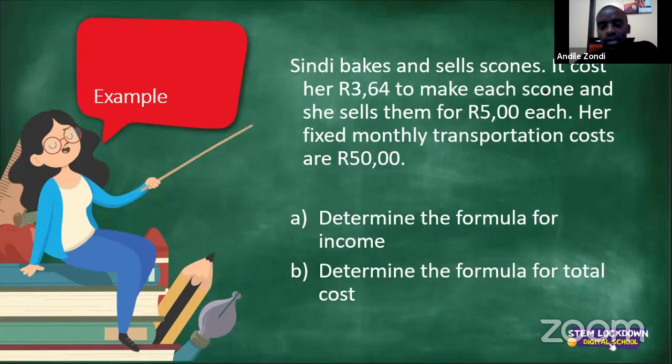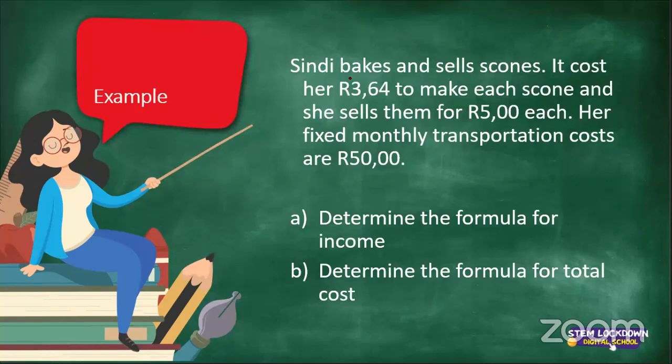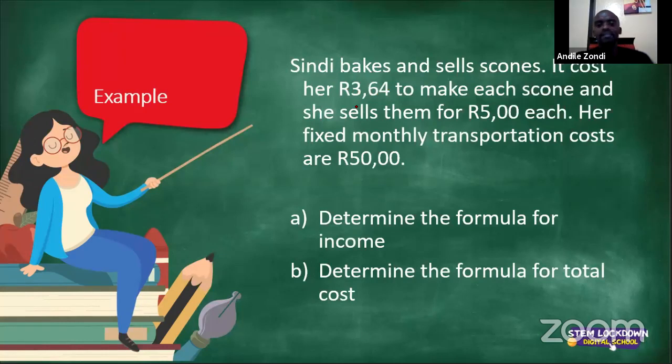I showed you how to calculate the cost price using all of your ingredients and dividing those costs by the number of scones produced by that recipe. To understand that better, we'll need to go back to yesterday's lesson. And we decided to sell each scone for 5 rand. So 3 rand 64 will be our cost price, and 5 rand will be our selling price.